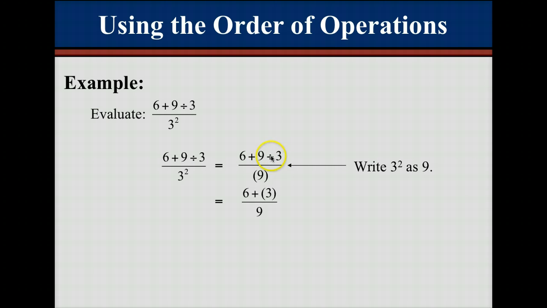Then we've got division, so 9 divided by 3 is 3. 6 plus 3 is 9 over 9. So we add 3 to 6. So 9 over 9 is 1.